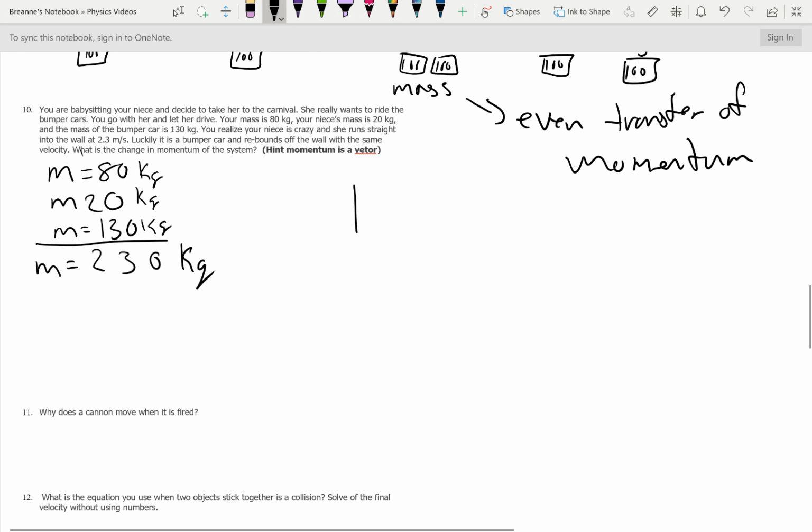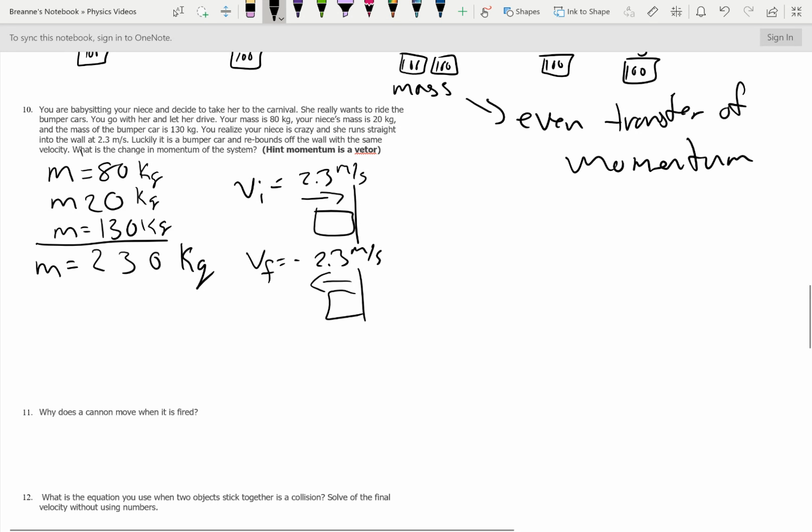So you go and hit the wall, and you hit it at 2.3. But when you rebound, you go at the same magnitude, but rebound means you're going in the opposite direction. So your initial velocity is 2.3, but your final velocity is going to end up being negative 2.3 because you are bouncing off the wall. You are rebounding.